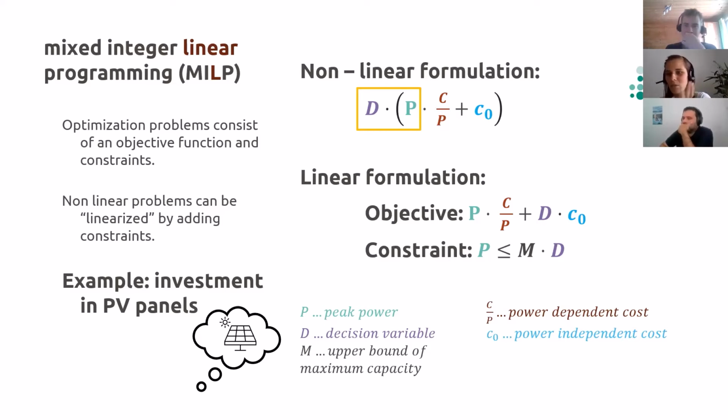So for example, if you have just 4 square meters of roof, then your capacity is limited. If your decision variable is 0, you don't have a PV, then also the power is 0 because it has to be less or equal than 0. So this is the way you linearize problems which are not linear at first.